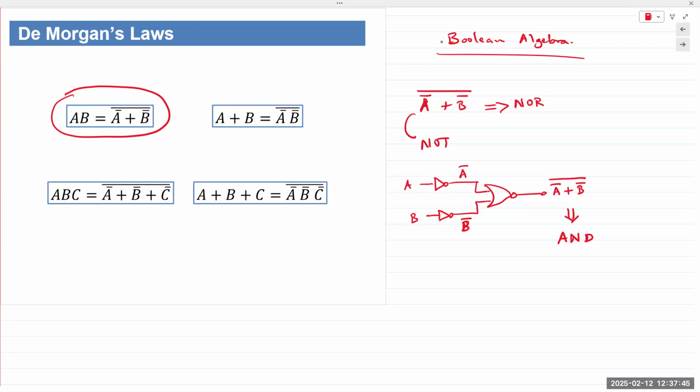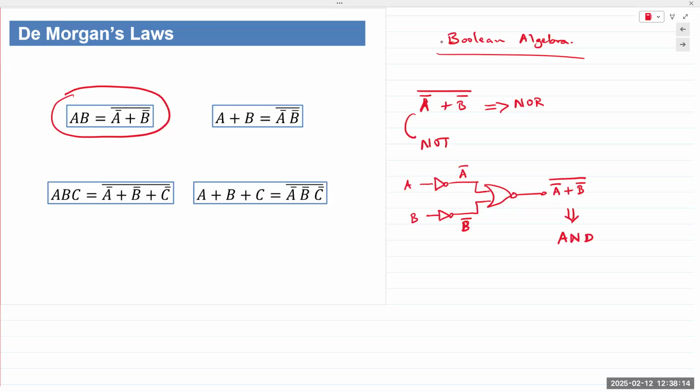Now it might seem counterintuitive. Why would you not just take one gate, and why would we need three gates? That's a very good question. But this is simply a law that allows us to create multiple kinds of implementation using just a fixed number or fixed type of gates. So A and B can be implemented as A naught plus B naught, the whole naught.